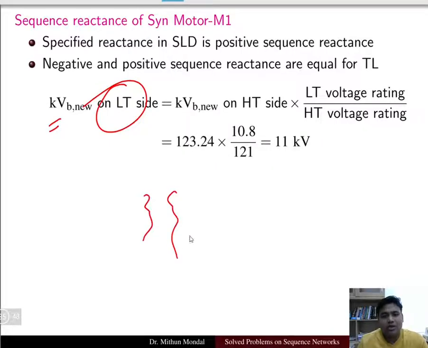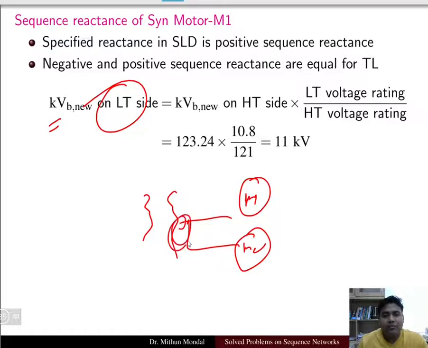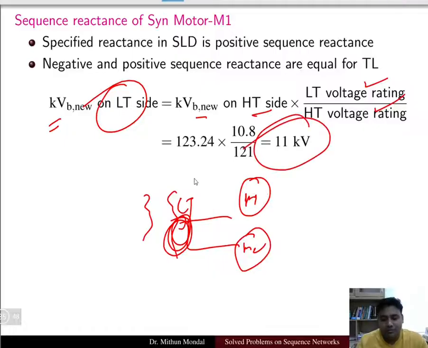So here you have a transformer and two motors connected in parallel. We obtain the base voltage of the low tension side, which is the base voltage on the high tension side multiplied by the low tension voltage rating by high tension voltage rating. That gives you a value of 11 kilovolt.